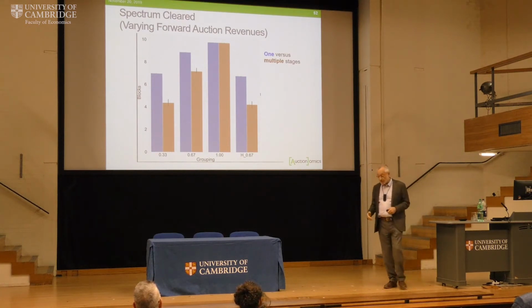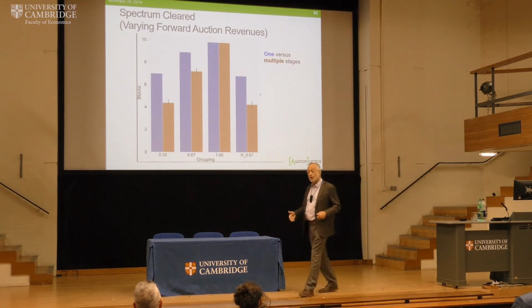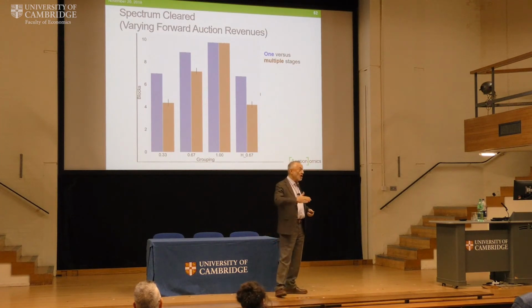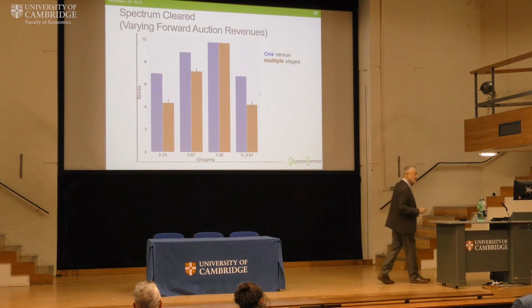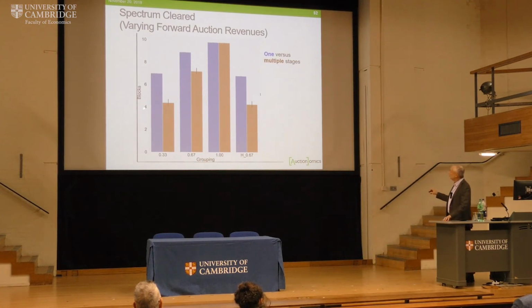They didn't realize that they were increasing their costs so much by doing that they were causing themselves to clear fewer blocks than they would have otherwise. And what we see here is that the number of blocks that are cleared when the values aren't high enough to clear all of the spectrum are greater if we are able to reduce the number of stages that this goes through. Okay?